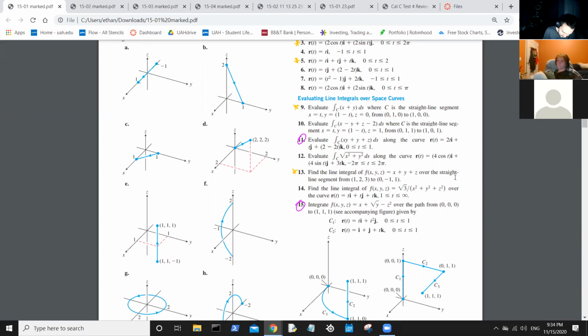So multiply that across, you get 6t squared plus 3t plus 6. Integrate from 0 to 1 of that, and you will get 2t squared plus 3 halves t plus 6t, all from 0 to 1. And you will have 3 plus 3 halves plus 6.